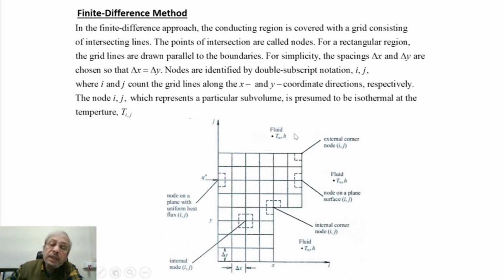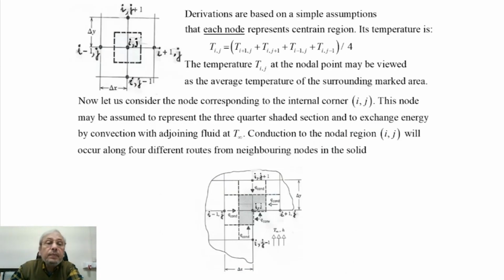That temperature is T infinity, and the film heat transfer coefficient is h, and delta x is the grid dimension, and as here delta x equals delta y, delta y is the grid dimension in the y direction.